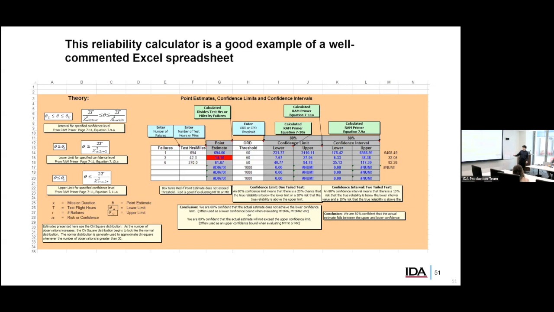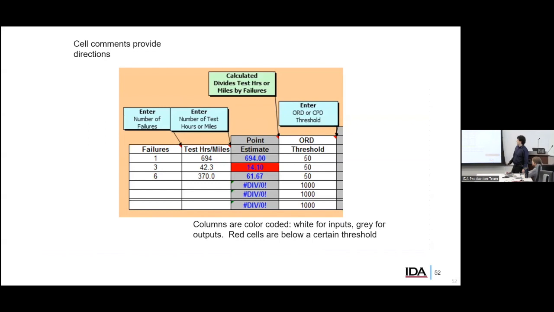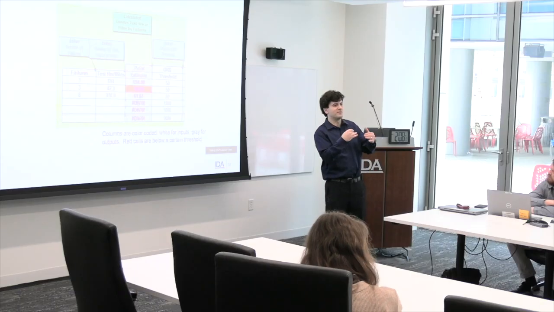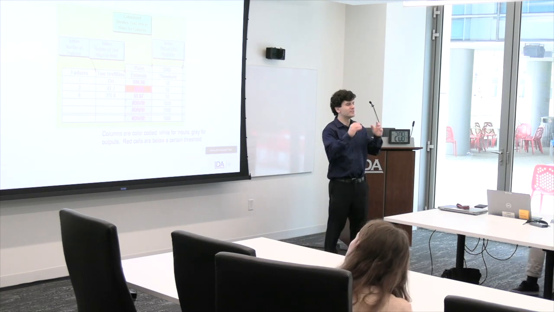But if it's very heavily commented, then someone who knows nothing about this can spend a few minutes reading it and figure it out, right? Also, color coding sometimes helps. In Excel, you can do something called conditional formatting. You can say, if a value is less than this amount or greater than this amount, I want to make it a certain color.